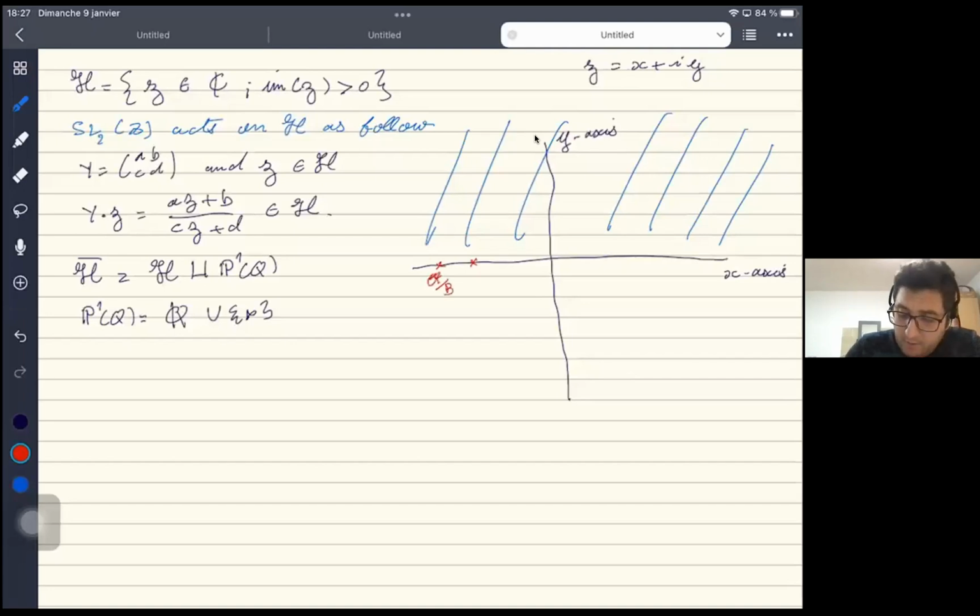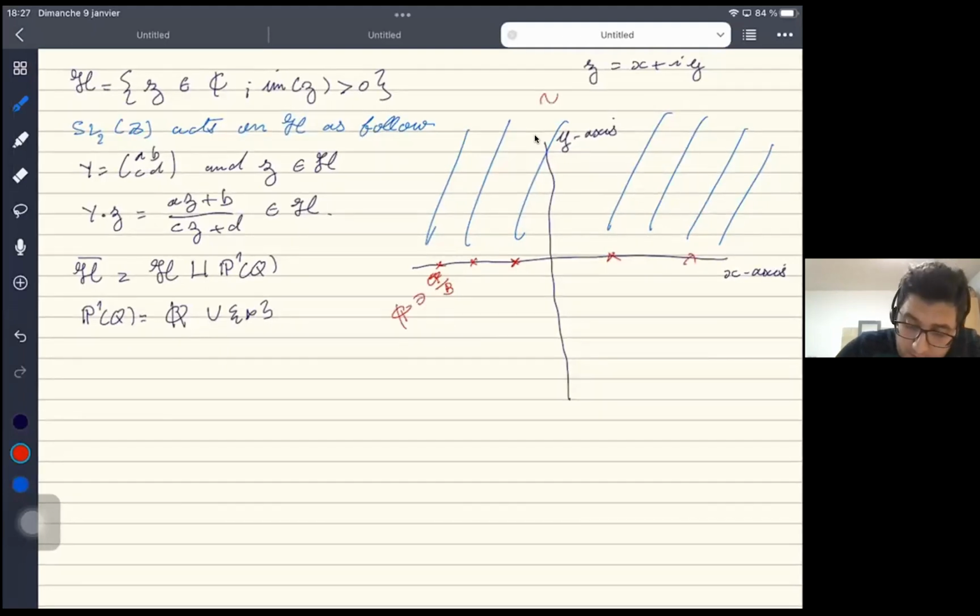We also need to add a neighborhood of infinity.